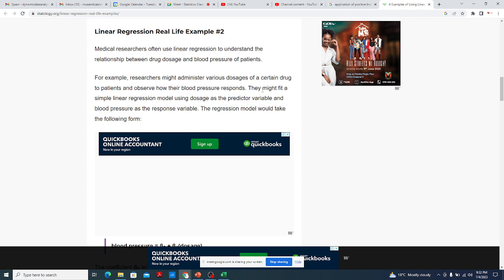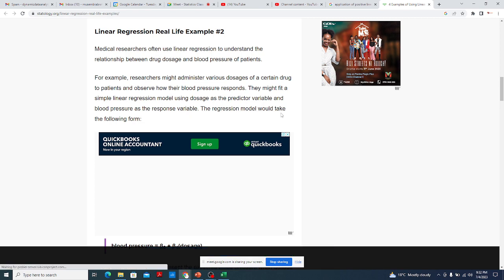Now the researchers might fit a simple linear regression model using dosage as the predictor variable and blood pressure as the response variable.